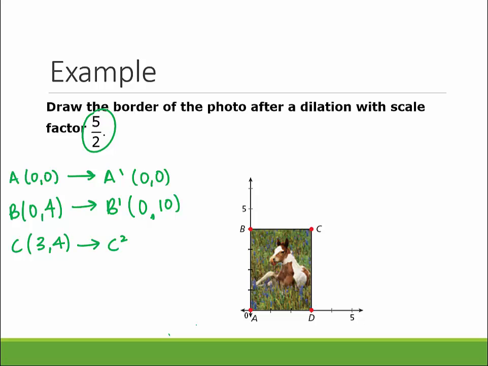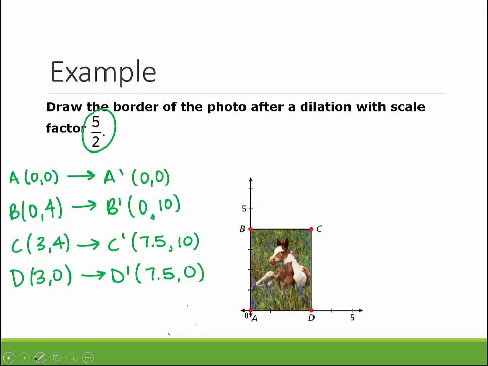So if I multiply this by 5/2, I get 15/2, or 7.5. And then 4 times 5/2 we know is 10. And then finally D is at 3, 0. And if you multiply that by 5/2, you get 7.5, 0.